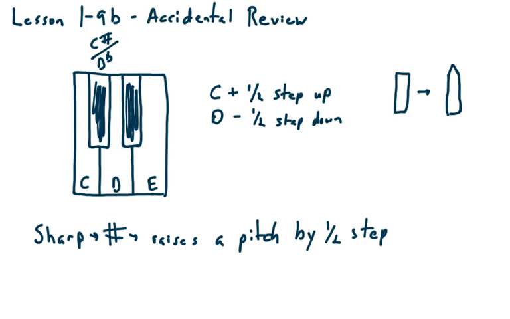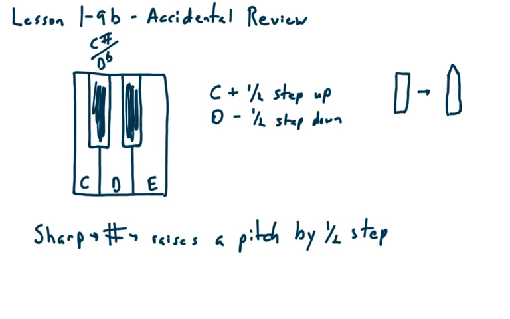They are written this way because they are the same key on the keyboard. If I tell you to go find C sharp on whatever instrument you play, and then I tell you to go play D flat, it's going to be the same sound coming out of the instrument. It does not matter what instrument it is, from piano to guitar, doesn't matter. It's going to be the same sound.